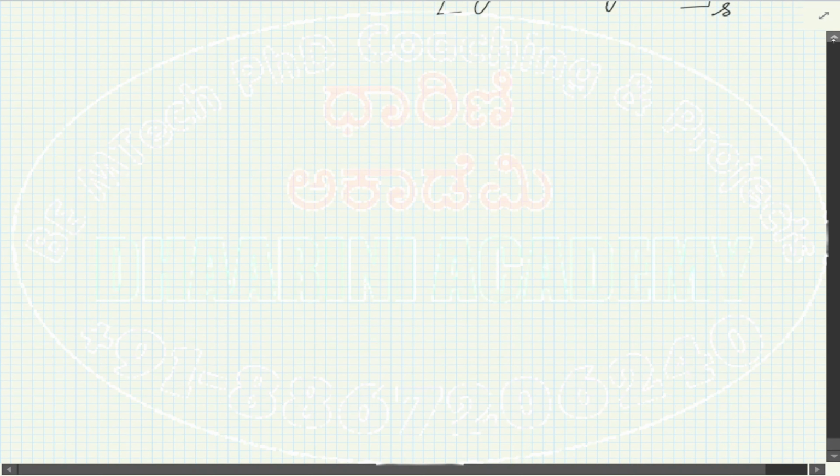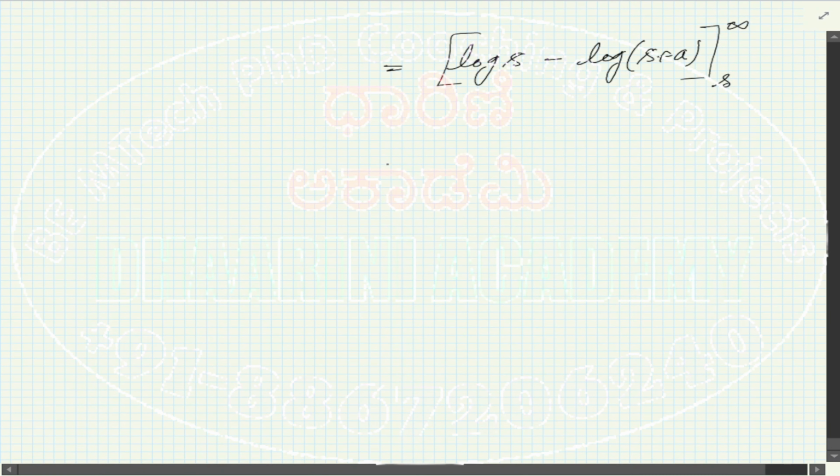All right, so now let me club them together. So this is equal to, it's simply log of s divided by s plus a from s to infinity.